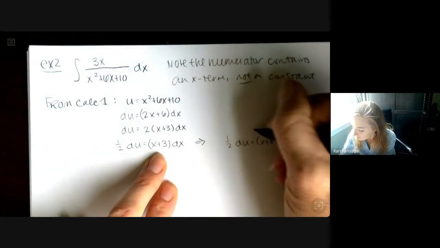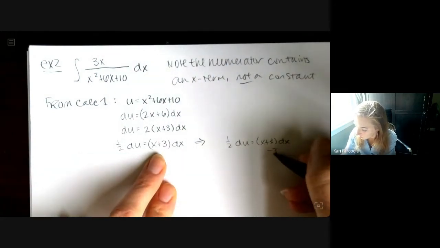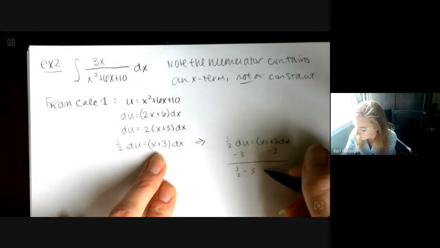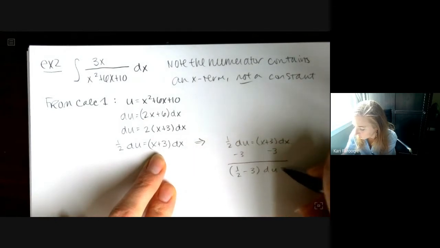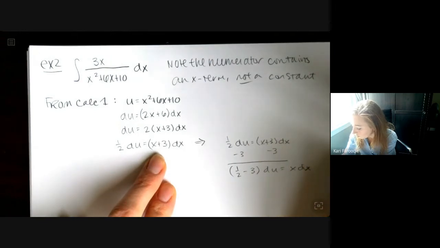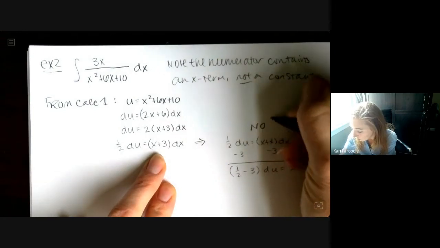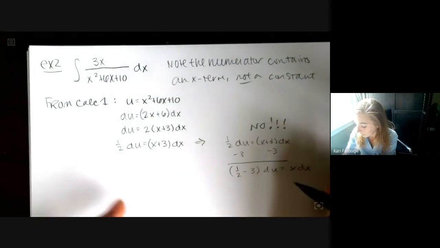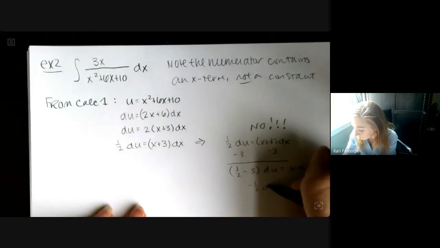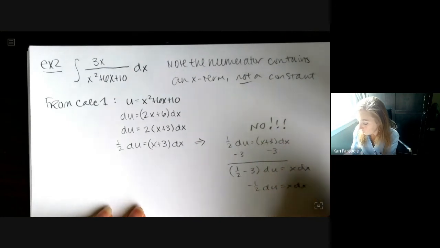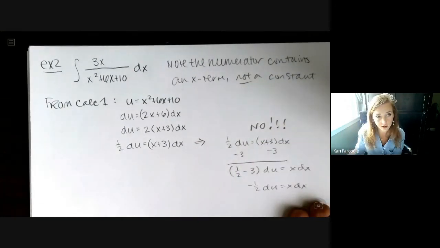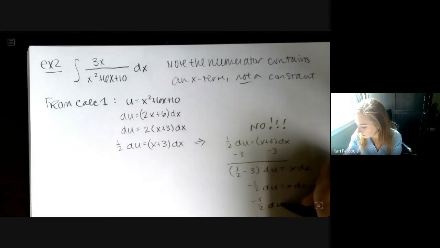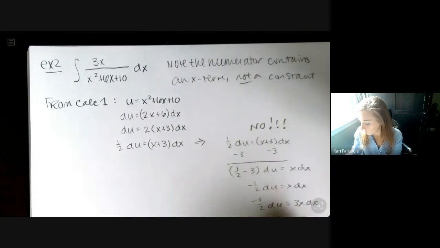What I have seen students do is this. Oh, and it's so wrong that it's weird to even write. It's almost like I can't do it because it's so bad. I'm going to put a big no on this. They would do something like this, and then they'd be like, oh, okay, well then this must be 3x dx.